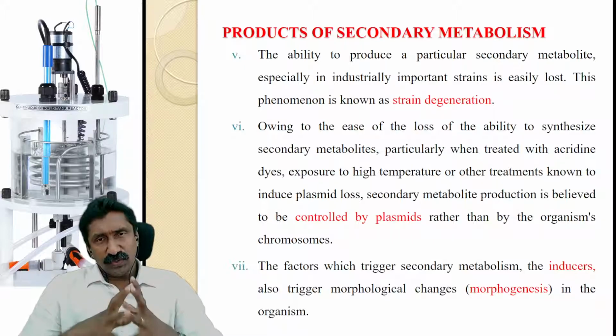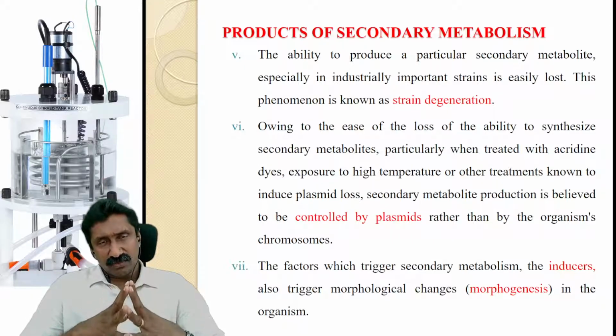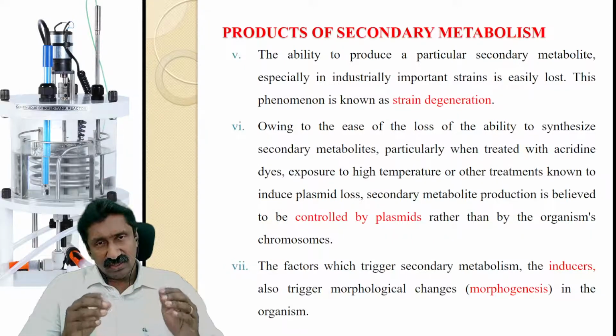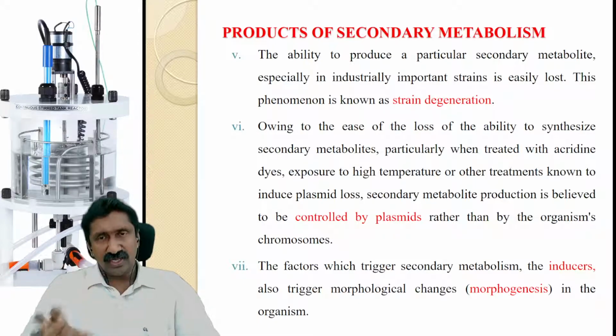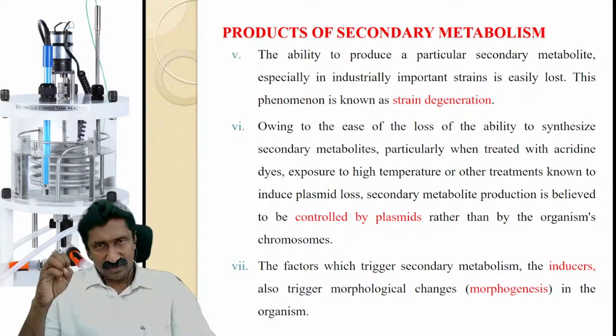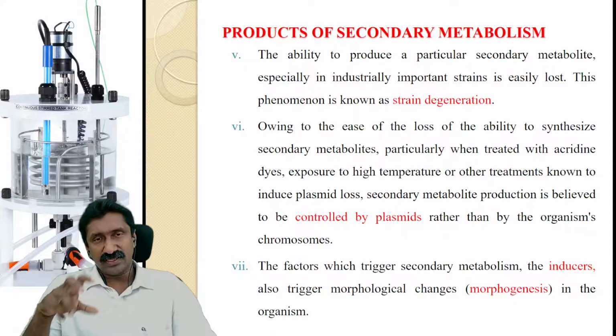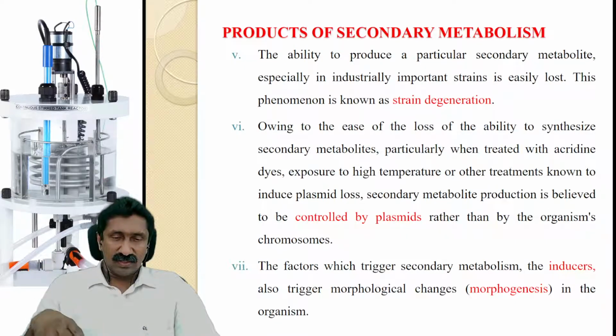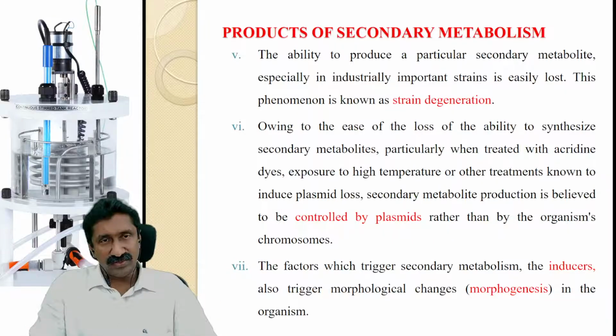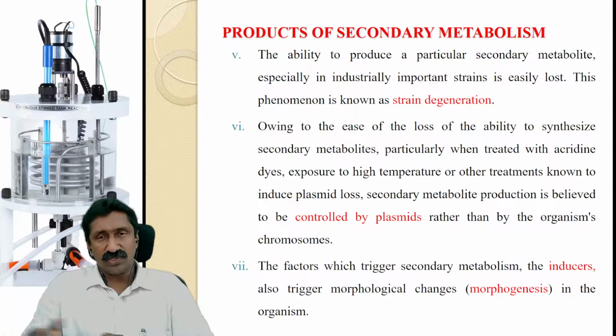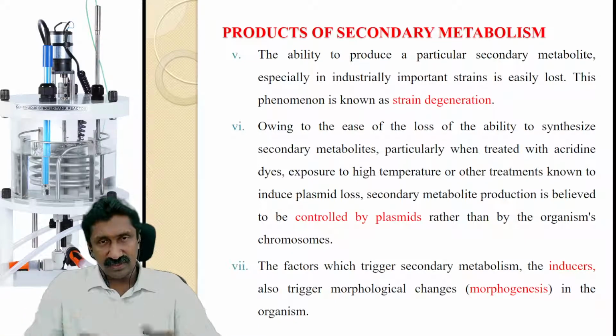Now, the ability to produce a particular secondary metabolite, especially in industrially important strains, is easily lost, and this phenomenon is known as strain degeneration. So, you can have a strain with a particular ability to produce a secondary metabolite, and after some time of subculturing, you will see that the strain lost its ability to produce that particular metabolite.